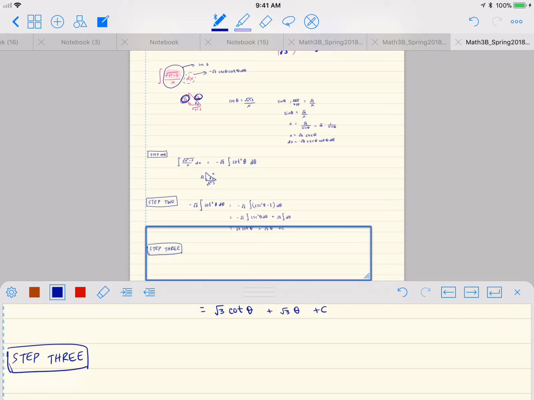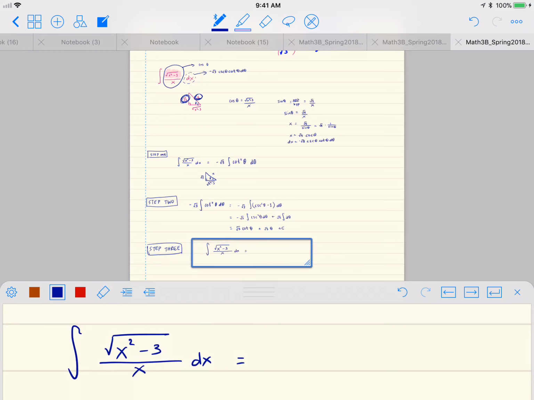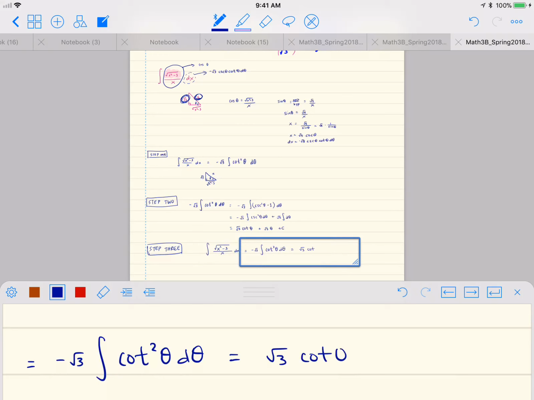So what we've done is we've said essentially the integral of square root of x squared minus 3, divided by x dx equals negative root 3 times the integral of cotangent squared theta d theta, and that's equal to root 3 cotangent theta plus root 3 theta plus a constant.